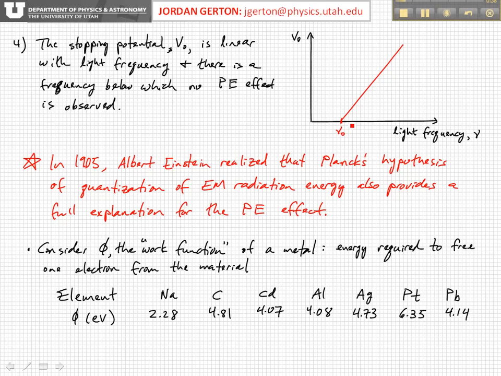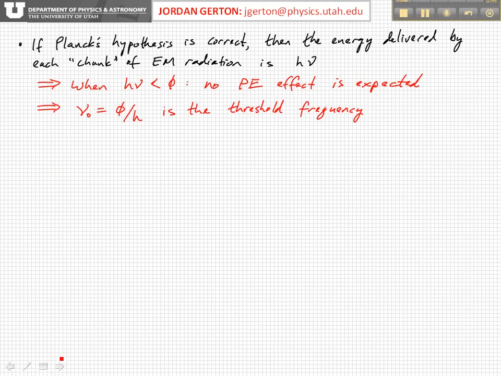Well, if we adopt Planck's hypothesis that the electromagnetic energy is delivered in chunks, and that those chunks have an energy of h, Planck's constant, times the frequency nu of the radiation, then when that energy is less than the work function, no matter how many photons you have, none of them deliver enough energy to the material to kick an electron out, to liberate an electron.